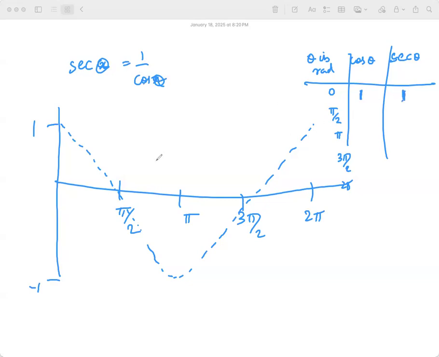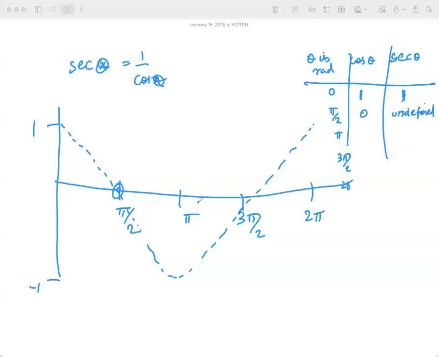Cos pi by 2 is 0. So secant pi by 2 is 1 by 0, which is not defined, right? So it will be undefined. It will go up or down.